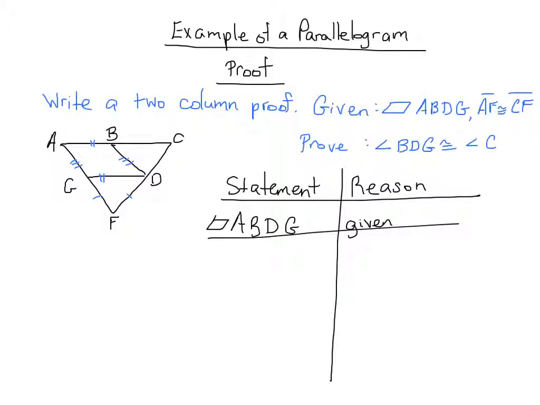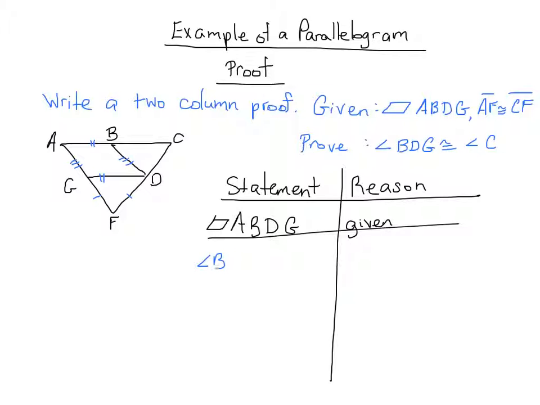All right, so the next thing that I want to show is that angle BDG right here is congruent to angle A. And we know that because of the properties of parallelograms that we've recently learned, that opposite angles in a parallelogram are always congruent. So let's write that down.